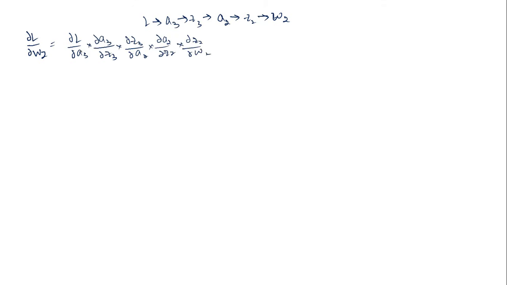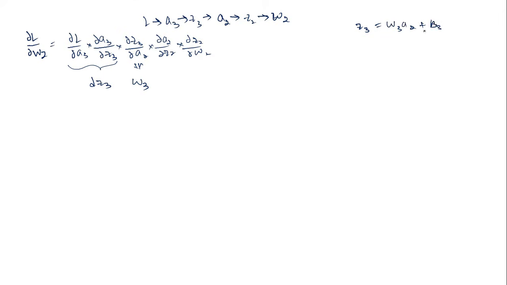So here I have taken A3, A3 depends on Z3, Z3 depends on A2, A2 depends on Z2, and so on Z2 to W2. We already calculated these two, which we called dZ3, so we will just keep it that way. And the derivative of del Z3 by del A2 will come out to be W3, because our Z3 is given by W3 A2 plus B3.